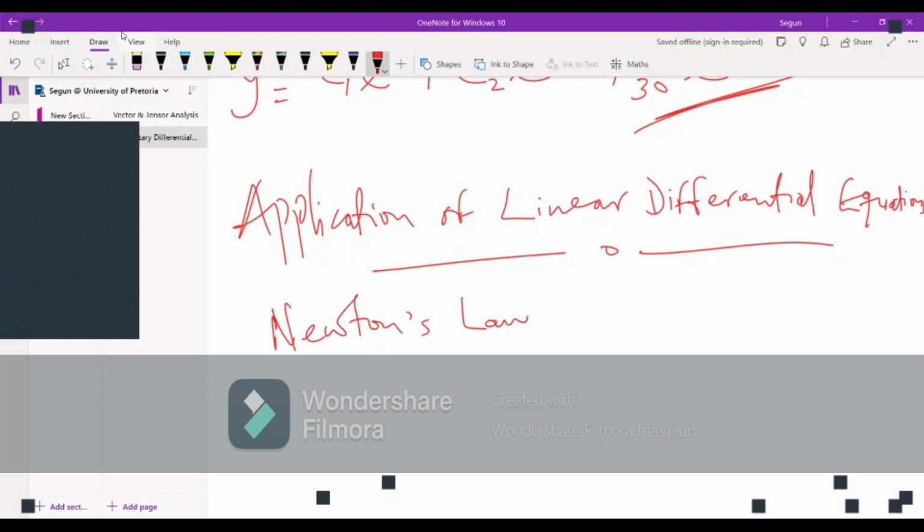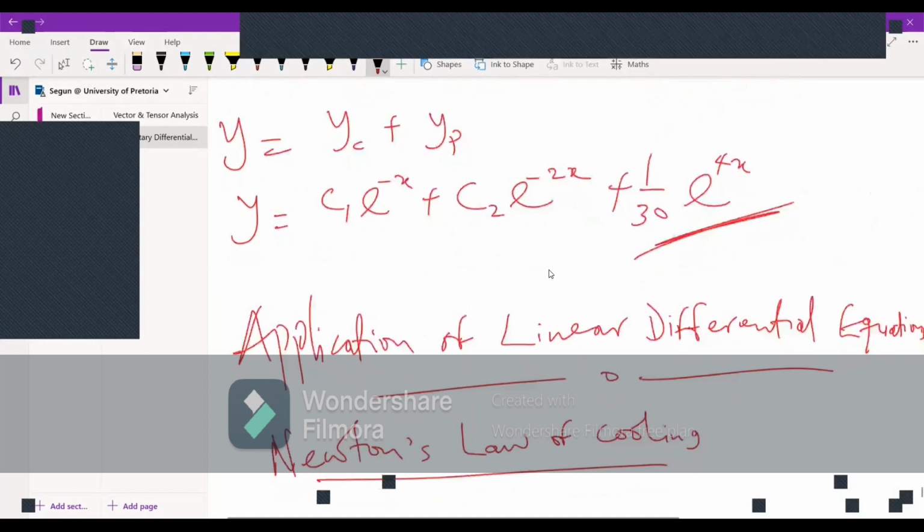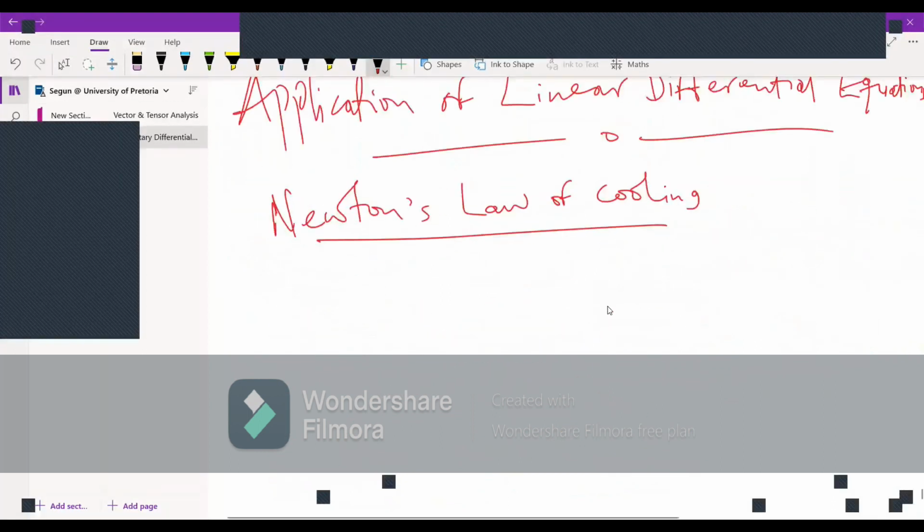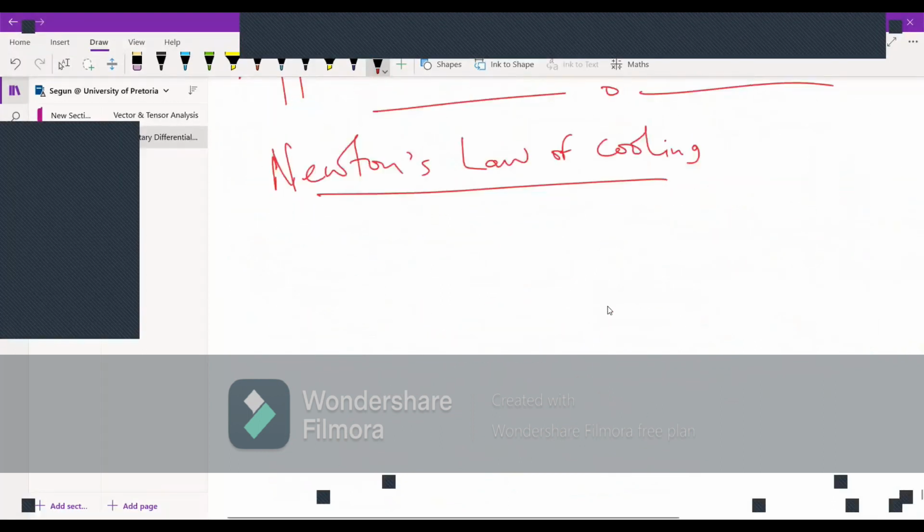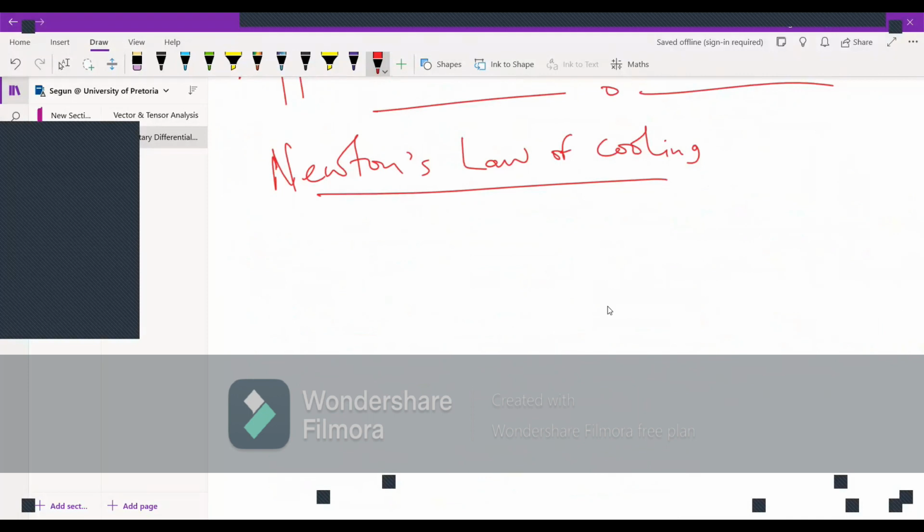Newton's law of cooling. There are things we need to check, but let's write a short note in there.